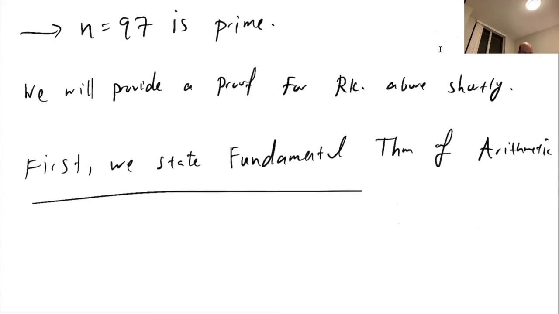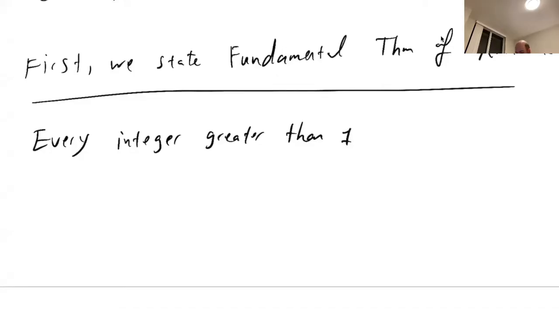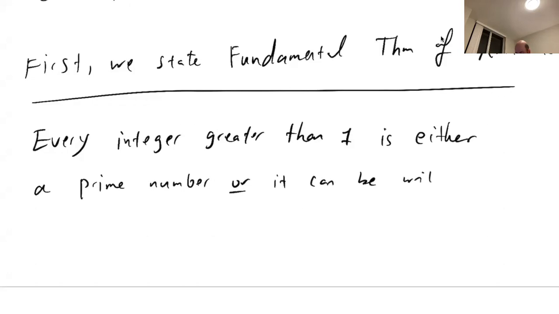What does it say? It says that every integer greater than 1 is either a prime number or it can be written as a product of 2 or more prime numbers.